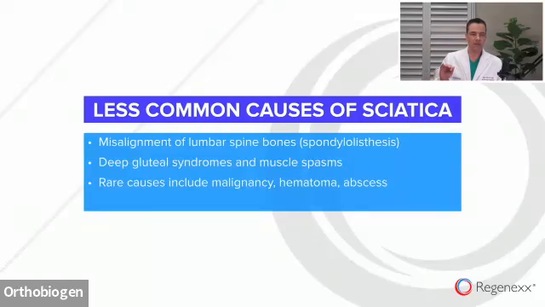The other causes, less common than some of the others we see but still pretty common, are deep gluteal syndromes such as piriformis syndrome. There's a whole constellation of muscles in and around that sciatic nerve that can cause a problem, and I'll show those to you in just a minute so you can understand the complexity of the muscles. If those are spasming or encroaching in and around that sciatic nerve, you're potentially going to have some pain.